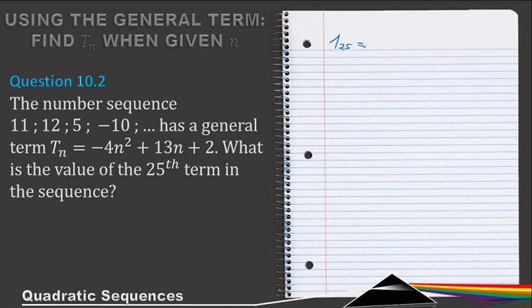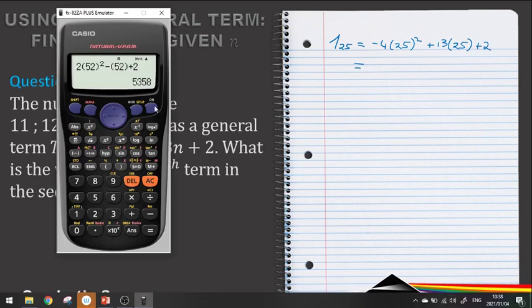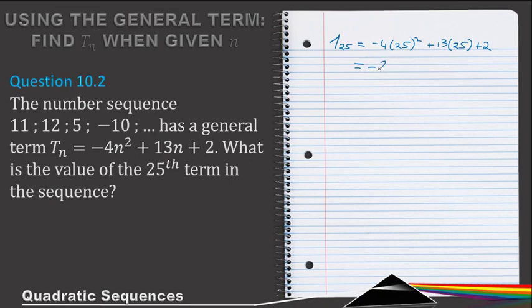T25 is equal to negative 4 times 25 in place of n squared plus 13 times 25 plus 2. Negative 2,173. Okay.